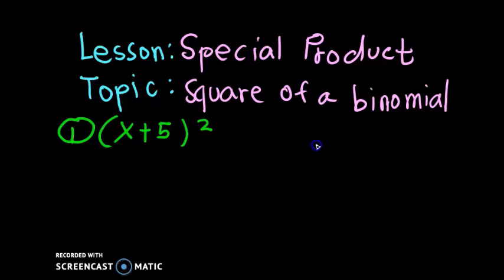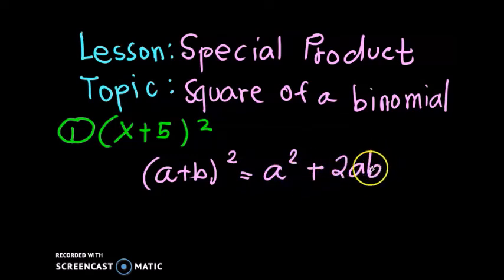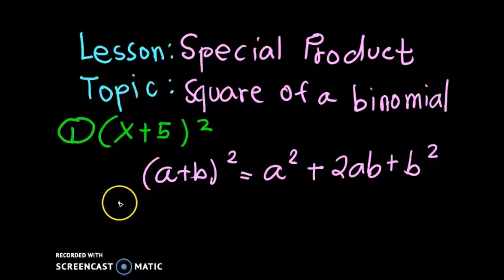Again, our formula is this: if given the example like (a + b)², the answer should be the square of a, a squared, plus the product of a and b multiplied by 2, plus the square of the second term, which is b squared. So given the formula, we can solve this in 4 steps.